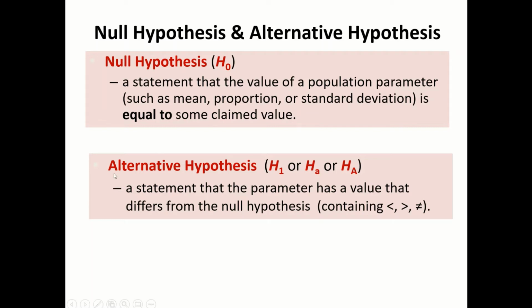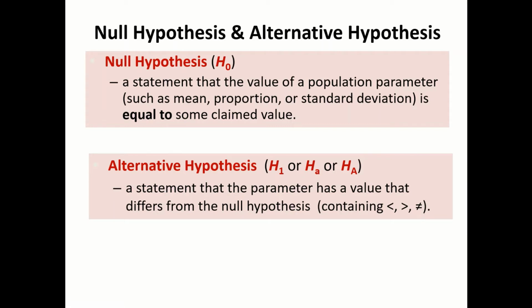The second hypothesis is called the alternative hypothesis. You either use H1, some textbooks use H1, some textbooks use HA. So it is a statement with an inequality in it. So basically it's usually less than or greater than or not equal to in the hypothesis.